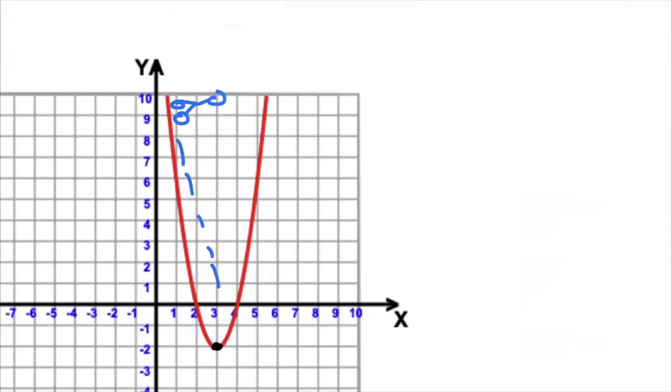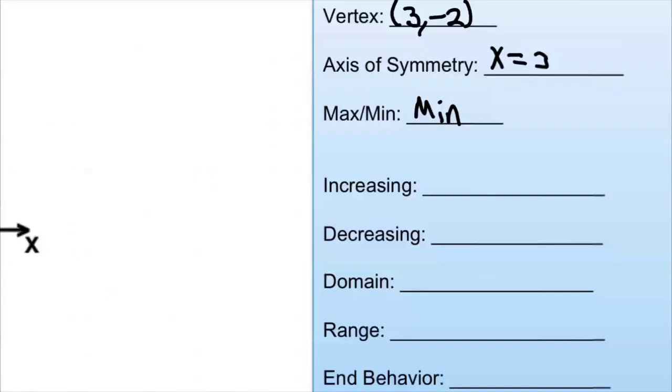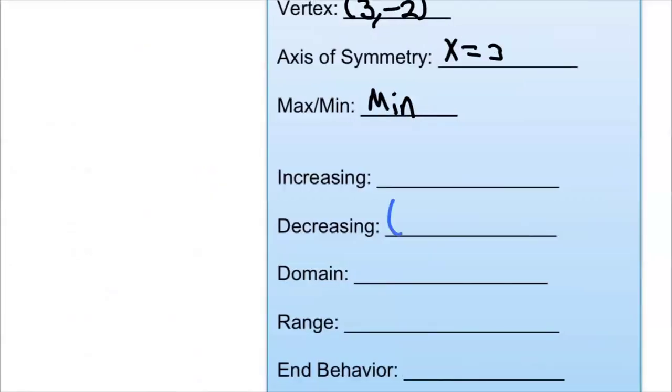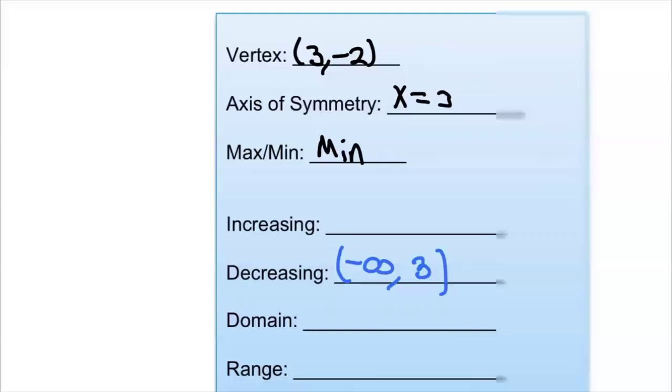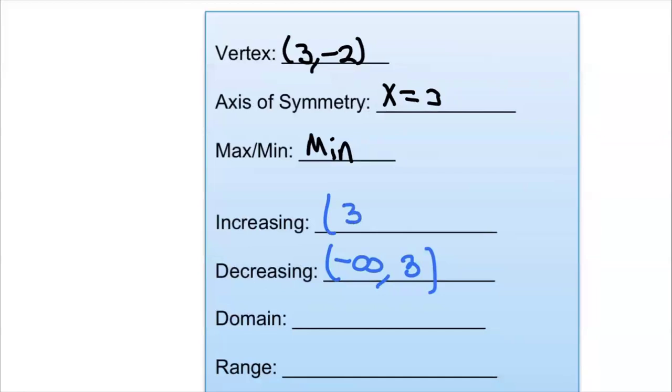He's going down first, so he's decreasing from negative infinity to 3, and then from 3 to infinity, he's increasing.